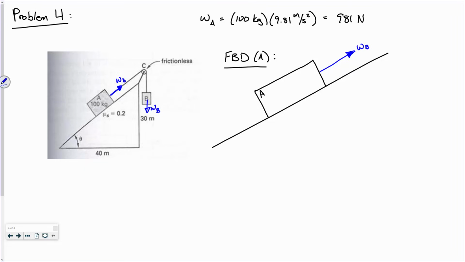Now, keep in mind that this block is going to have some downward force that we're going to call W sub A. Make sense? Now, ultimately, we really don't care about W sub A. What we care about is this. We're going to call this F sub n. Okay?